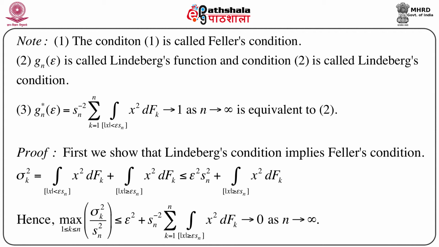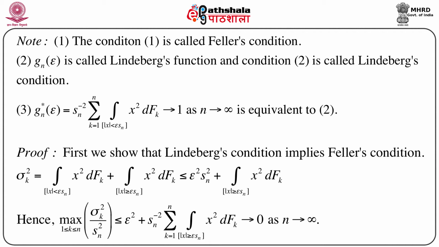Now, we split the integral into two different sets, one the complement of the other: the integral over mod x less than epsilon Sn of x square dFk, plus the integral over mod x greater than or equal to epsilon Sn of x square dFk. Now, if we replace mod x by epsilon Sn, the first integral is less than or equal to epsilon square Sn square, and the second we keep as it is.